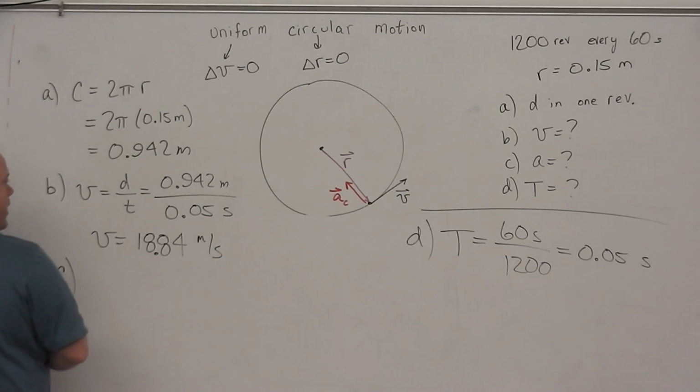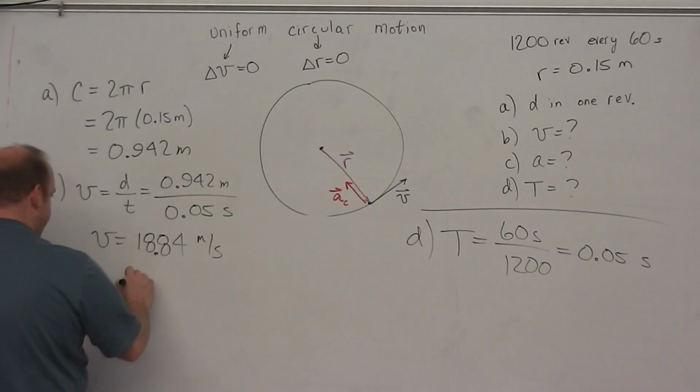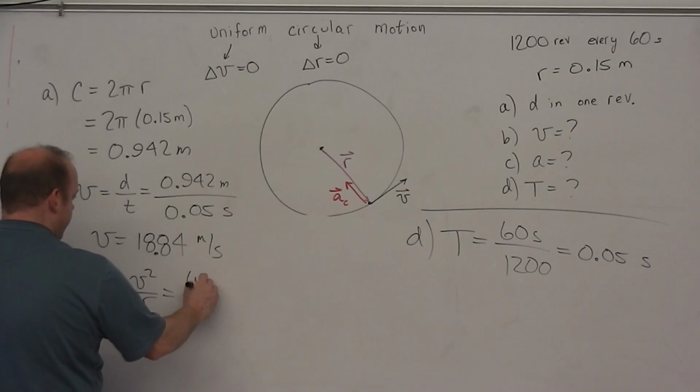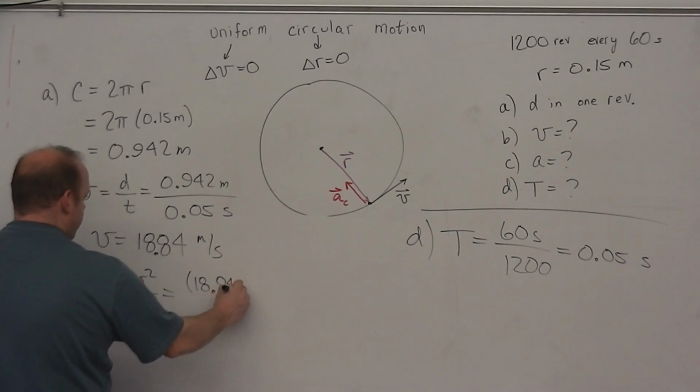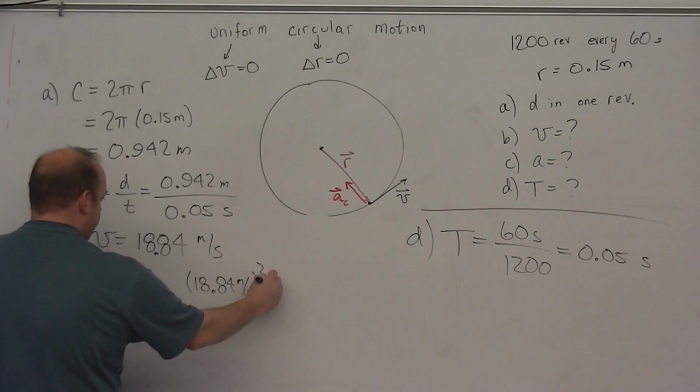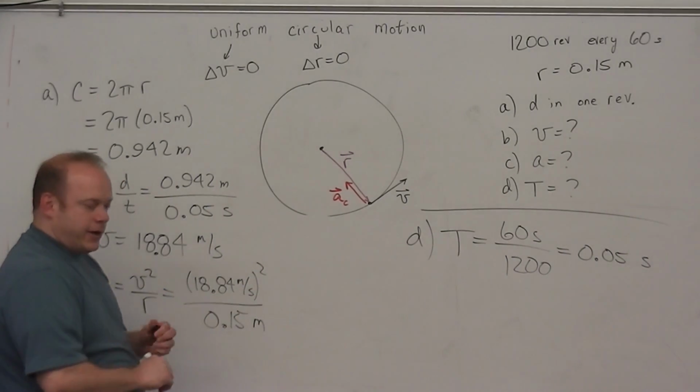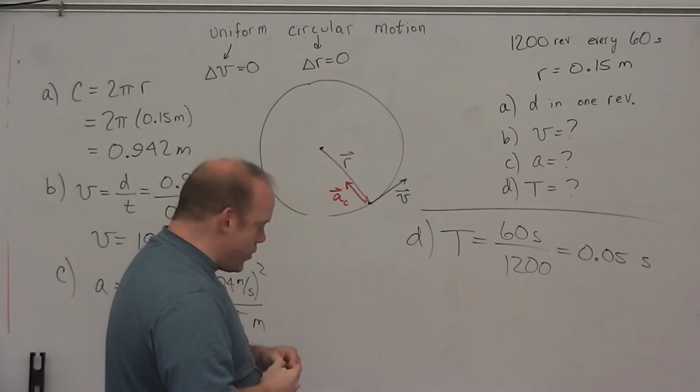C, my acceleration is going to be v squared over r, so it's going to be 18.84 meters per second, squared, divided by the 0.15 meters. We are almost done with summer lectures. Woo!